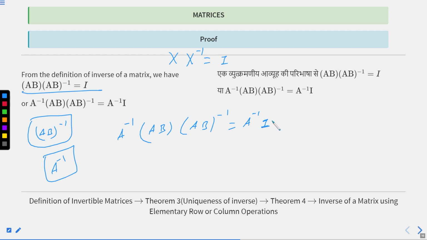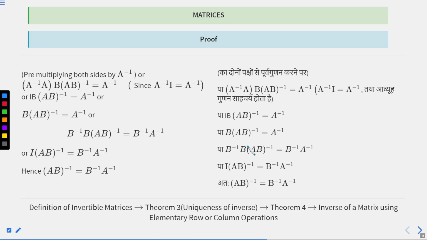Okay, so far so good. Now as you know about associativity, from associativity I can pair these two. Clear? And I know that A inverse I will be A inverse, because multiplying with the identity matrix I get the same matrix back.